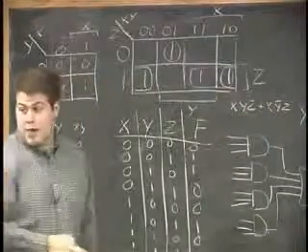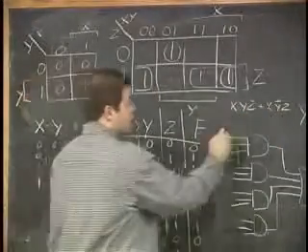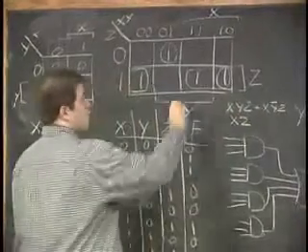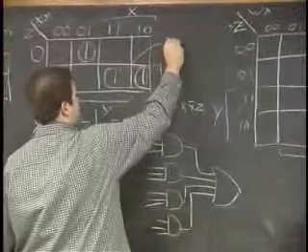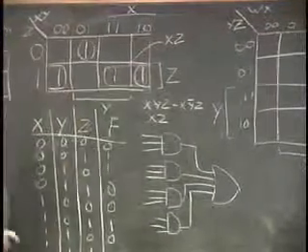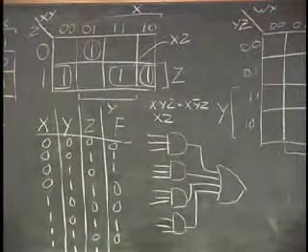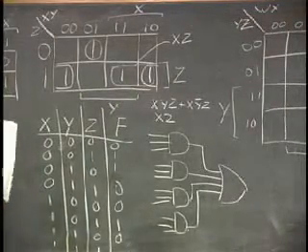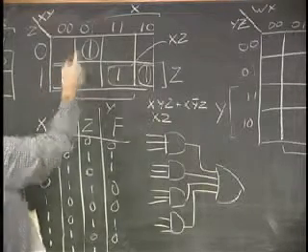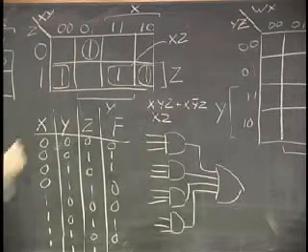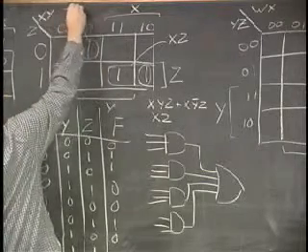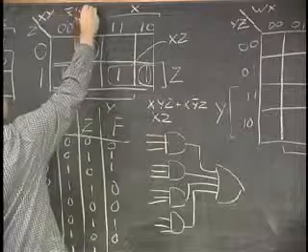According to our combining property, we can simplify this to x, z. So we'll draw a little line here and say this circle simplifies both of those terms into x and z. This one only has 1 around it, so there's not much simplification we can do. So we just write this one as not x, y, not z.